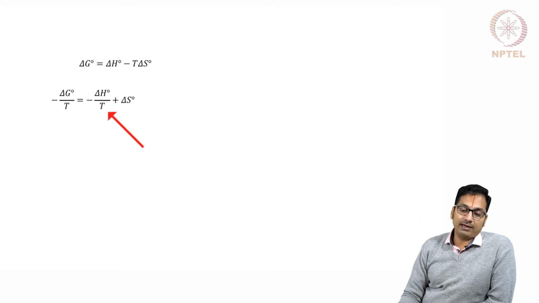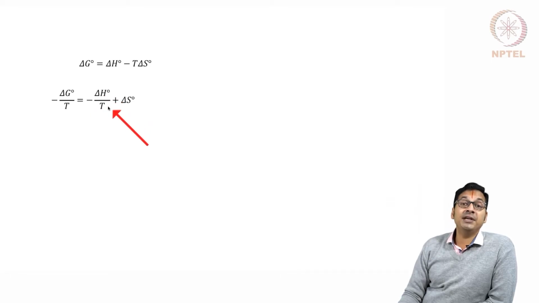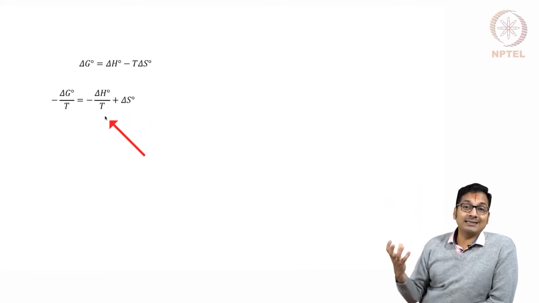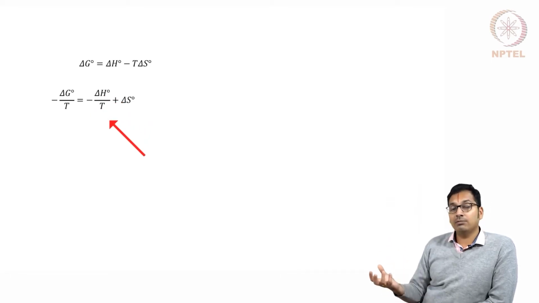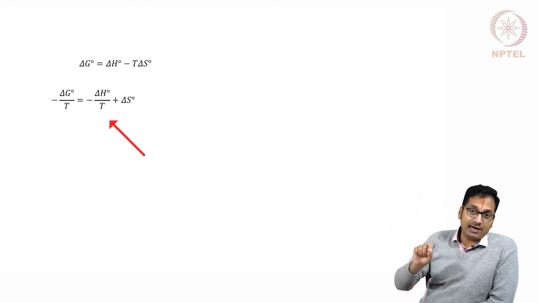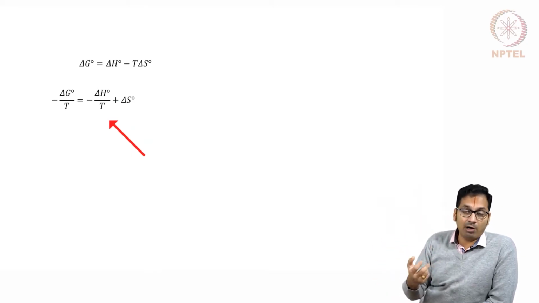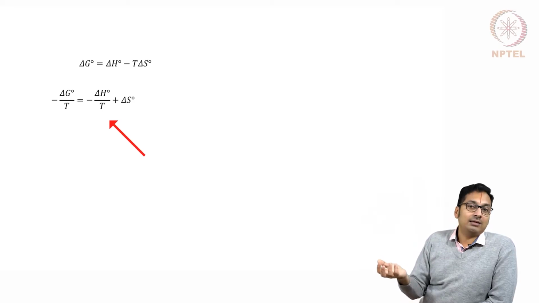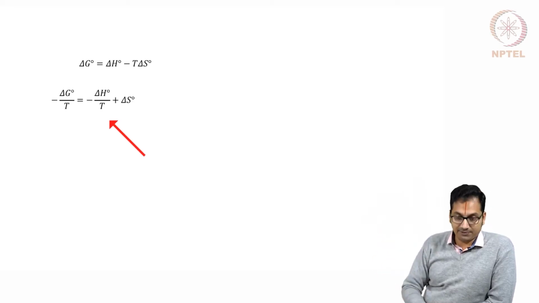You know for a fact that delta H naught for an endothermic reaction is positive. If delta H naught is positive, the negative of a positive makes this term overall negative, which indicates the entropy of the surroundings has decreased. Basically, you can imagine that if you add some salt and dissolve it in water, the outside becomes cooler. That just indicates that the outside entropy has dropped.